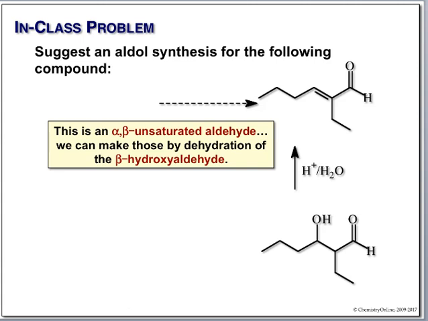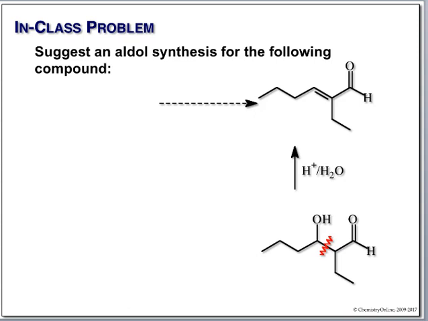We know that the alpha carbon of one aldehyde attacked the carbonyl of another. So the bond that we made was this guy. So this half is one aldehyde, this half is the other.